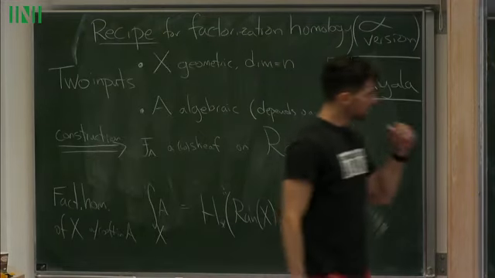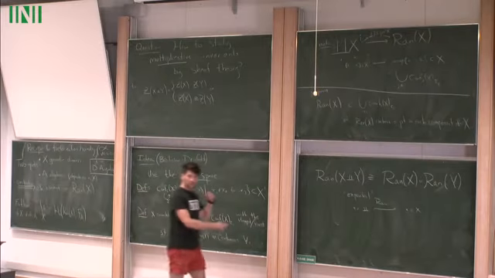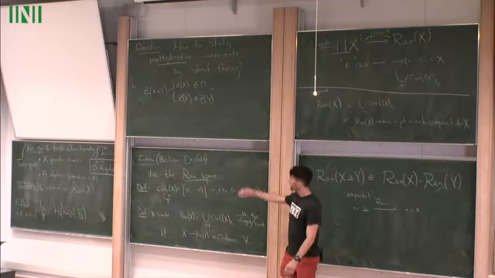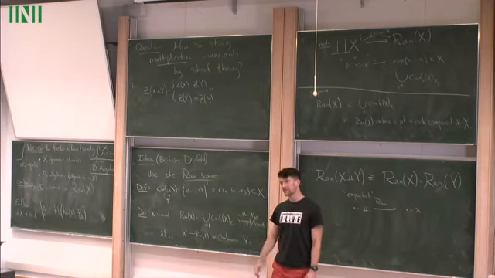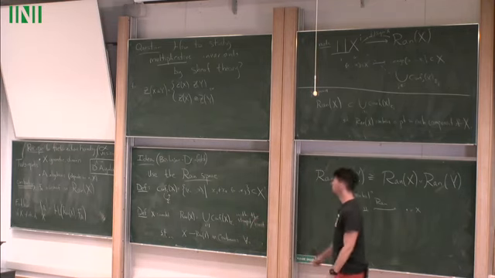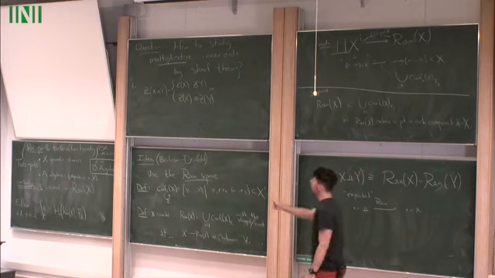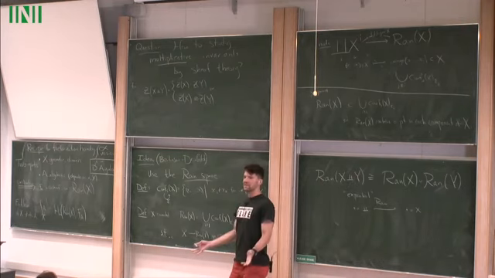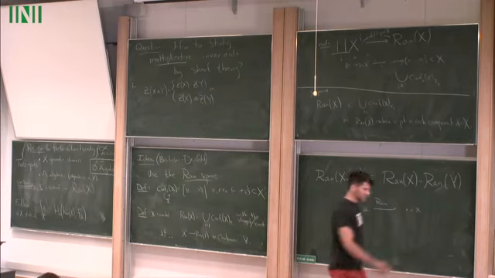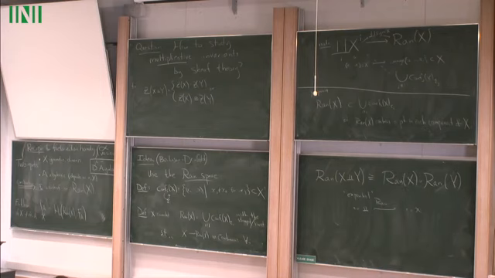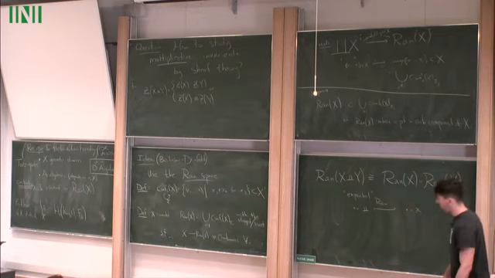So now what I'm going to do for the rest of today is follow this recipe in a few interesting examples where the geometric structure varies, the dimension varies, the algebraic structure varies, and tell you what you get. I'll tell it more as a tour rather than an advertisement.